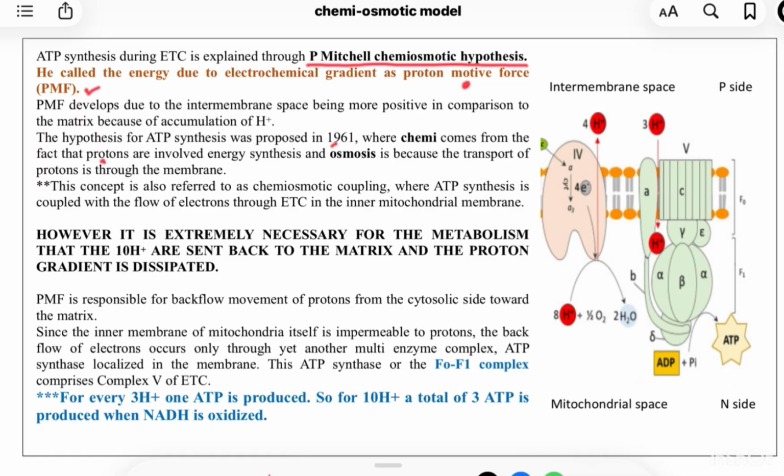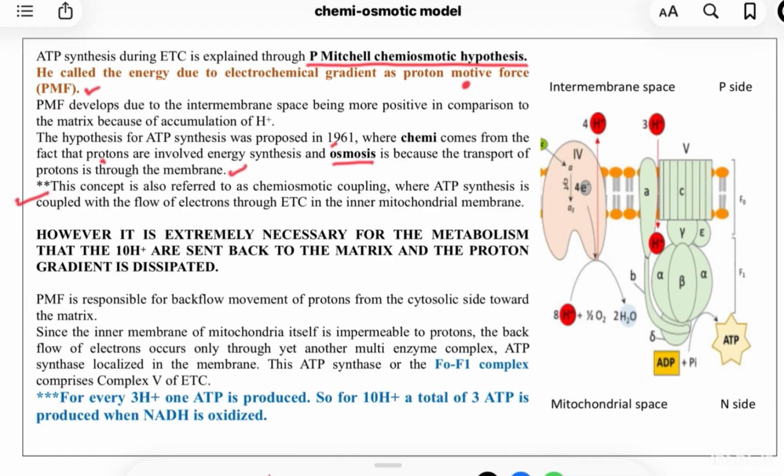Secondly, it is based on the principle of osmosis, where while the protons move, they involve a semi-permeable membrane. As the ATP synthesis is also coupled to the electron flow, the concept is occasionally also referred to as chemiosmotic coupling.